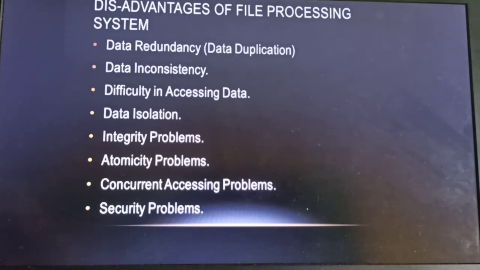Second, difficulty in accessing data. The file processing system does not allow to access data in convenient and efficient way. It is not easy to retrieve information using a conventional file processing system. Convenient and efficient information retrieval is almost impossible using conventional file processing system.